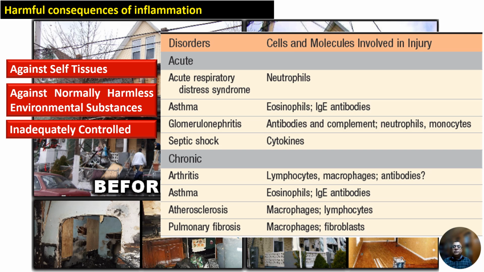Then there is pulmonary fibrosis, in which there is activation of the macrophages and fibroblasts. So there is tissue damage and functional impairment, especially in chronic inflammation, that lead to fibrosis, scar formation, and organ dysfunction.